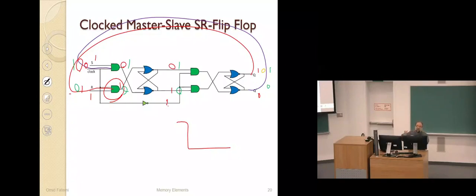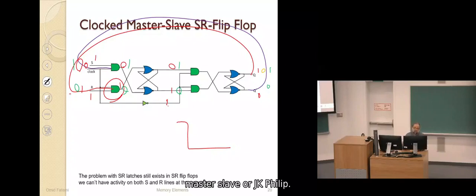It destroys the memory somehow. But here it works. But what it does? It toggles the state. If the state is 1, it becomes 0. If the state is 0, it becomes 1. Okay? So we have built a JK master slave flip-flop or JK flip-flop.